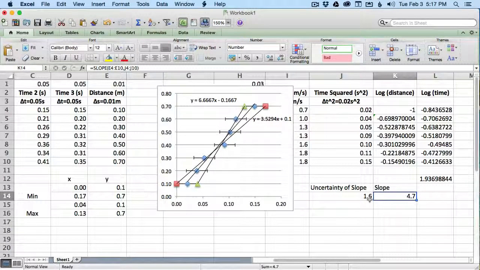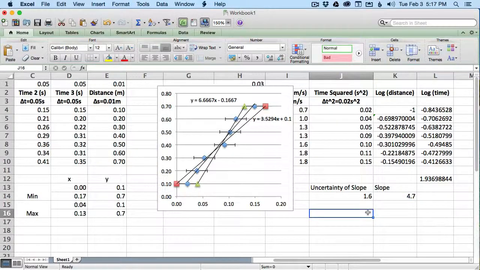Another thing I could talk about is if I use my equation, again, the equation is s equals ut plus 1/2 at squared. In this case, let's say I dropped the ball. Well, I would expect this ut value to be 0. If I look at this as a y equals mx plus b, this is my y value, my distance. My m value is 1/2 a. My x value is t squared.